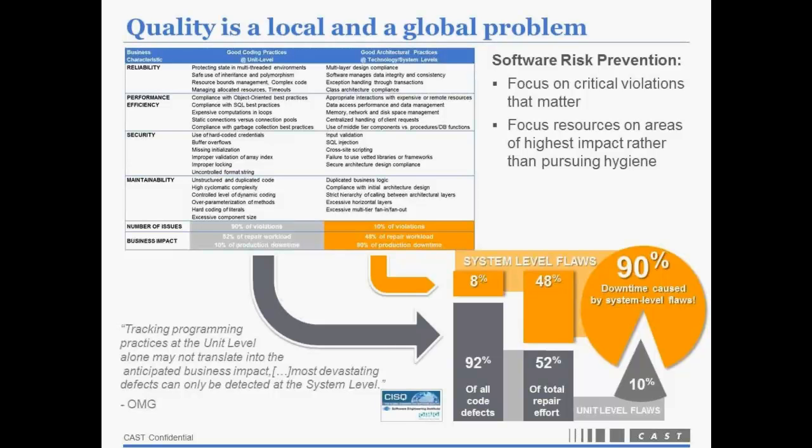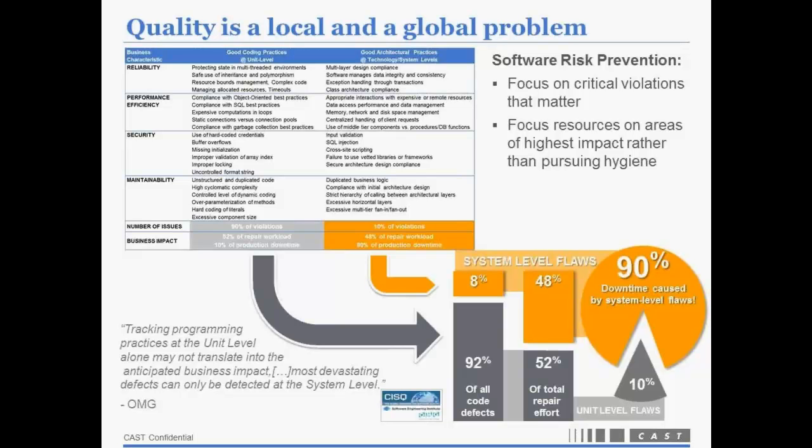Looking at the bar chart here, actually 8% of all the issues that you might find are multi-component level, whereas the rest are just kind of local cleanliness, code quality issues.